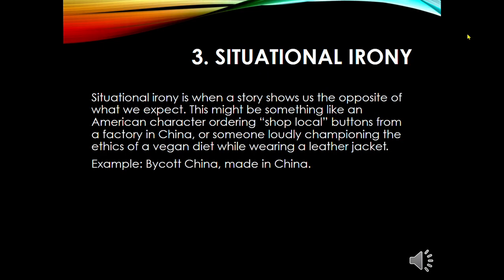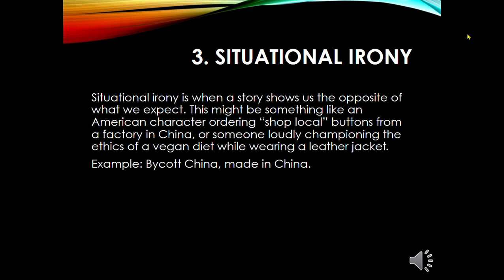Third one is situational irony. Situational irony is when a story shows us the opposite of what we expect. This might be something like an American character ordering shop local buttons from a factory in China, or someone loudly championing the ethics of a vegan diet while wearing a leather jacket.